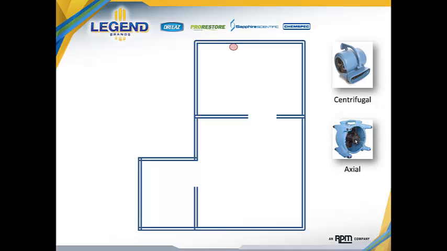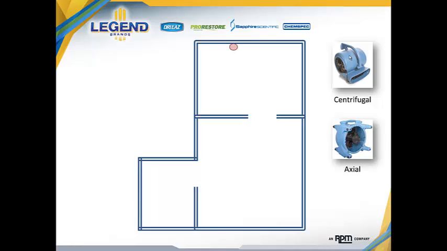Point number two is we then have to place those air movers to ensure that we are giving every wet surface an equal opportunity to dry. And there's a very strategic way in which we make that happen. First of all, it's important that we're using a couple of different technologies. First, you need a technology that is going to allow you to move air between spaces efficiently.